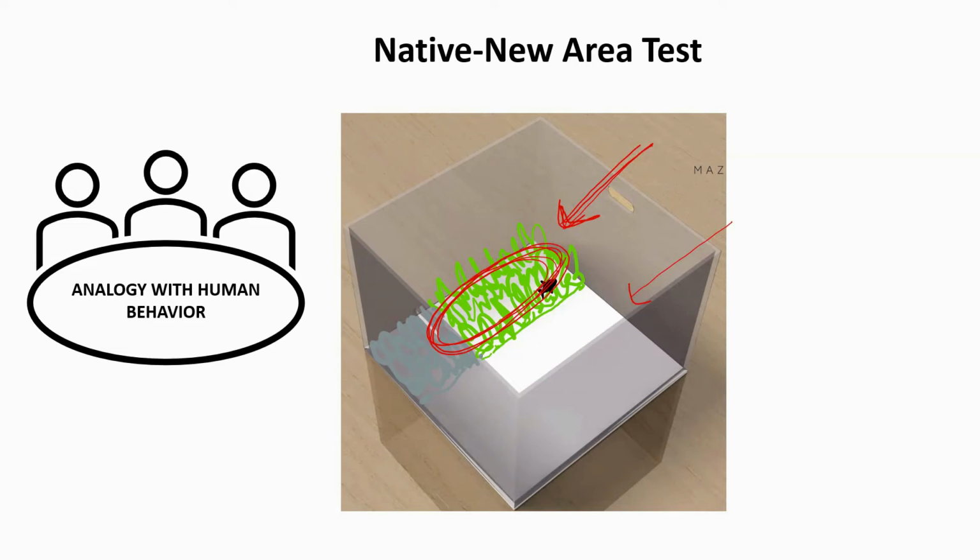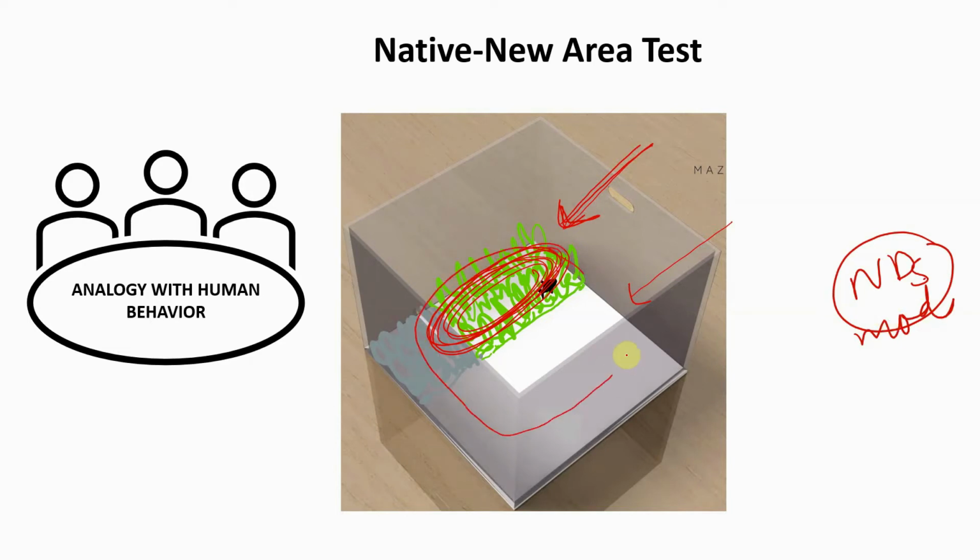So if your fish is healthy and a control, it will remember the place from where it has come. But if your fish comes from a neurodegenerative disorder model, you will find your fish moving at an equal rate in all of the places. I'm not saying that your fish is going to be seen more here.